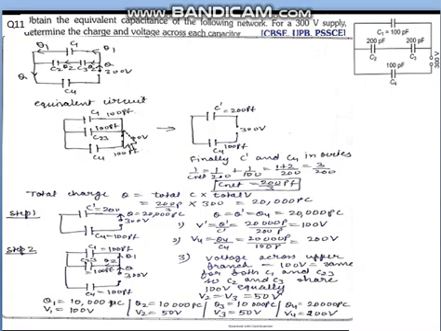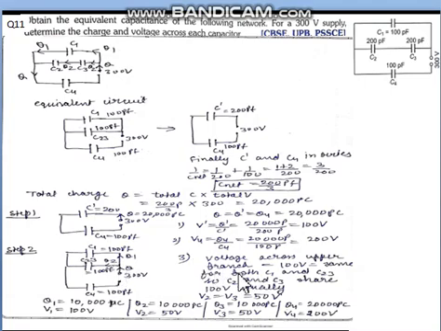So 20,000 picocoulomb charge will be equally divided. The upper part and the lower part will take 10,000 picocoulomb each. So this way Q1 and Q2 answer is obtained.